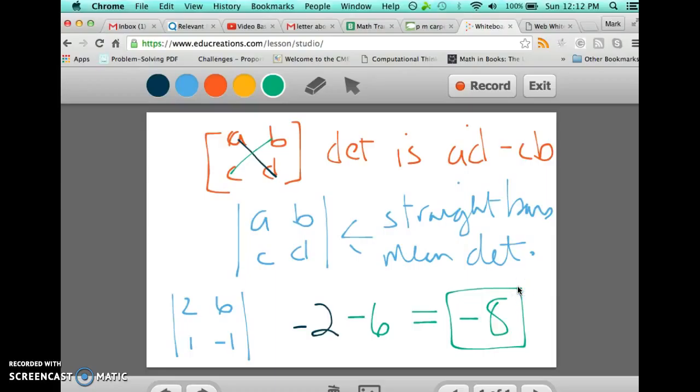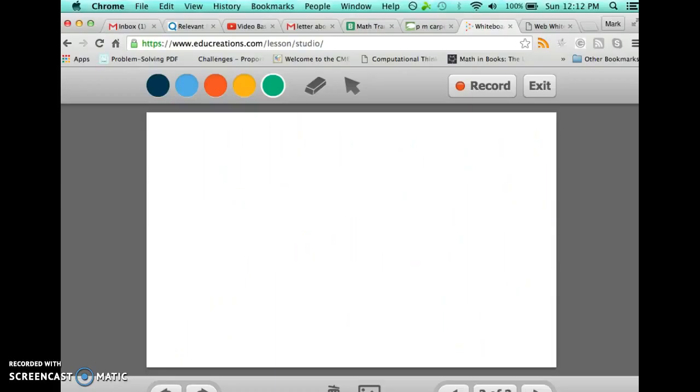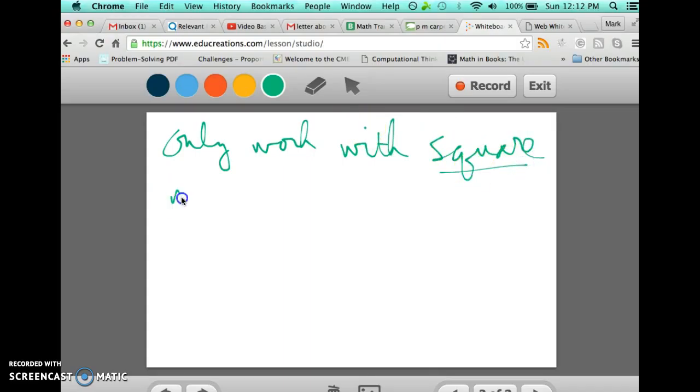An interesting thing about determinants is they only work with square matrices. So a matrix like 3, 1, like that, does not exist.